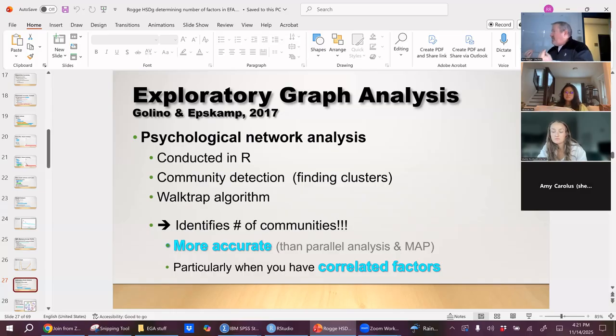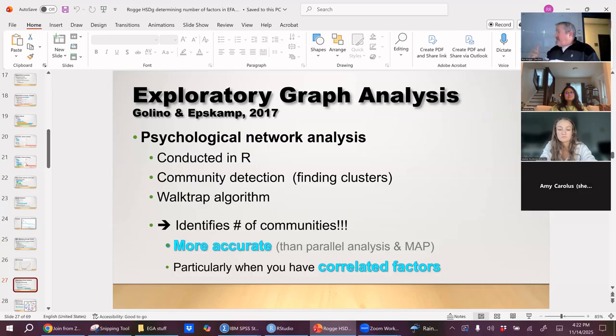It's looking for little clumps of items that are so tightly correlated with each other, have such strong, unique links to each other, they probably are representing the same thing. So it's looking for little communities, which essentially we would call factors. I'm going to go into Golino and Epskamp toward the end of the talk and show you the simulation results they found.